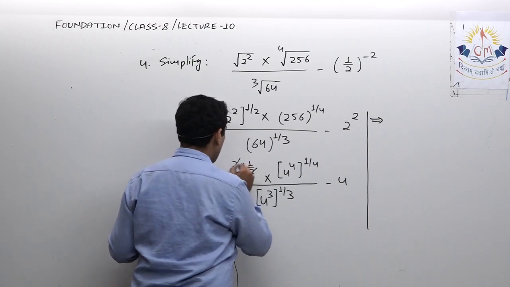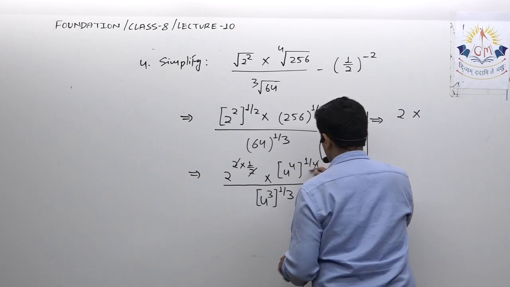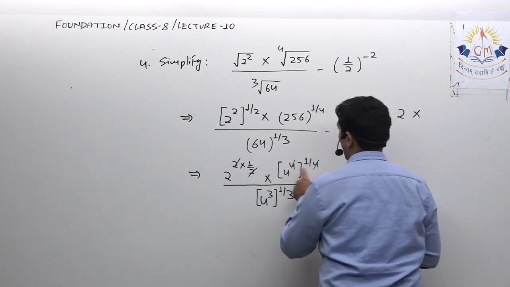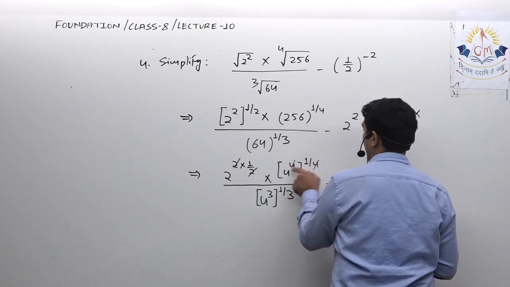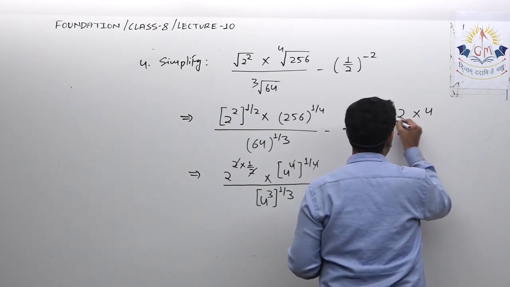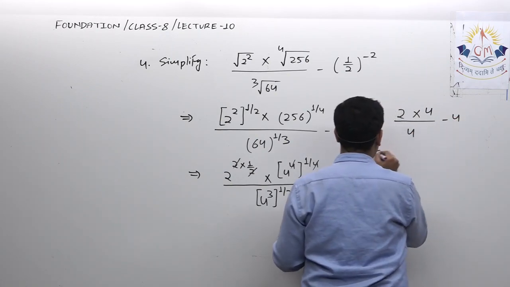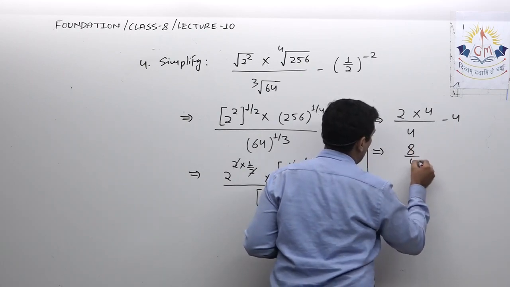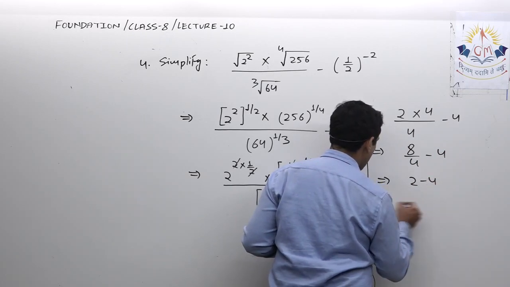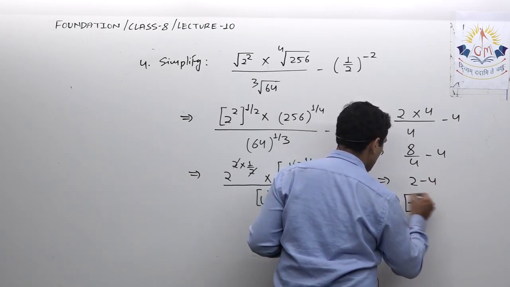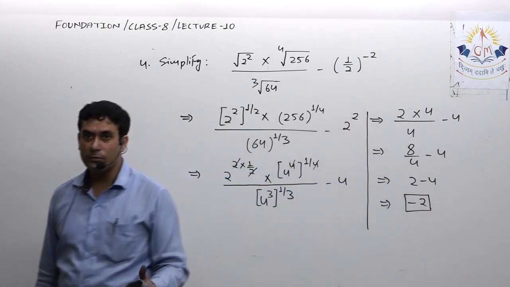See, this 2 and 2 will cancel out, so 2. Then 4 and 4 will cancel out. Actually, if I multiply power to power, this will become 4 raised to 4 multiplied by 1 by 4. 4 and 4 will cancel out, so here I will get 4. Divided by again 4, minus 4. So this is 8 upon 4 minus 4, that is 2 minus 4, so final answer is minus 2. Okay, so please note it down. See the next question.